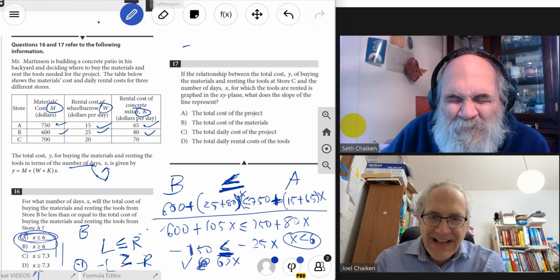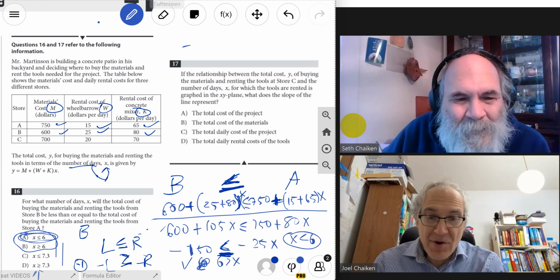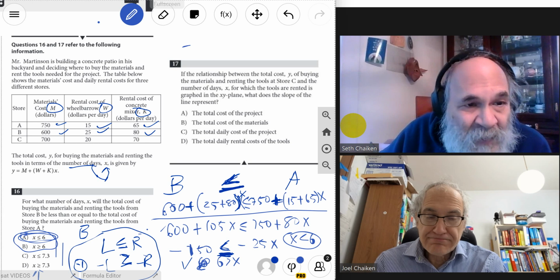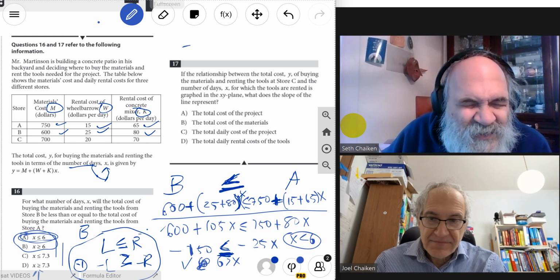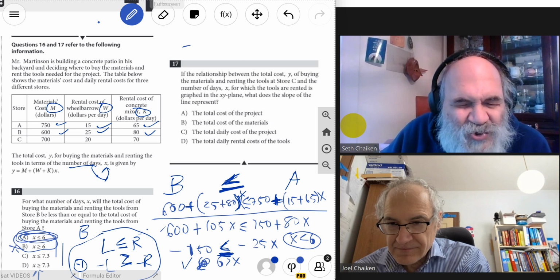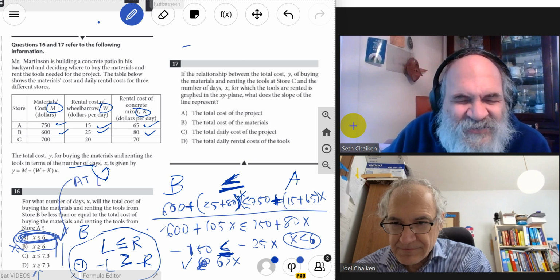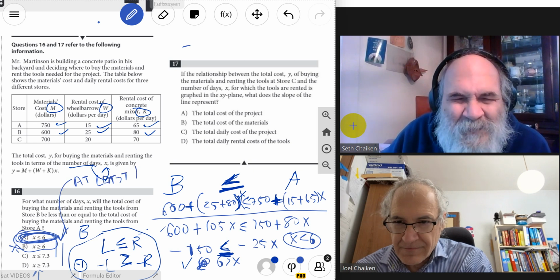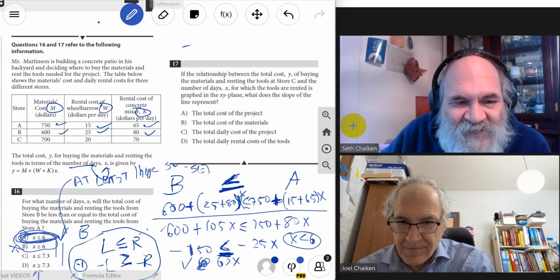That's one of the secrets to this problem. If you don't do that, you get the problem wrong. And you get it wrong because the choices, two pairs of choices, each one is obtained from the other by switching the direction of the inequality. So this is a test of this fact.